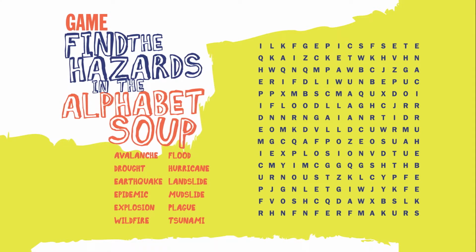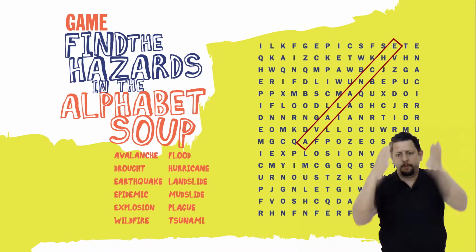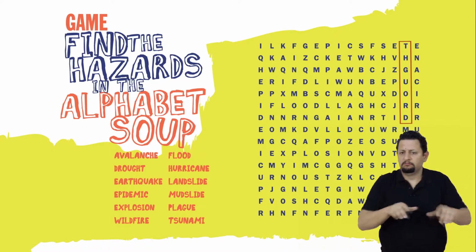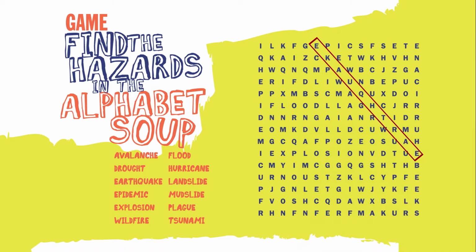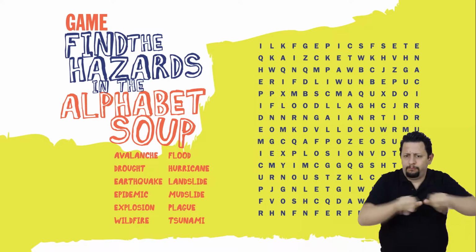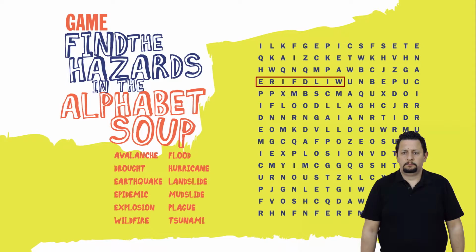In the palindrome puzzle, 15-letter rows of 225 letters are stacked. Avalanche. Hidden words are circled in red. Drought. Earthquake. Epidemic. Explosion. Wildfire.